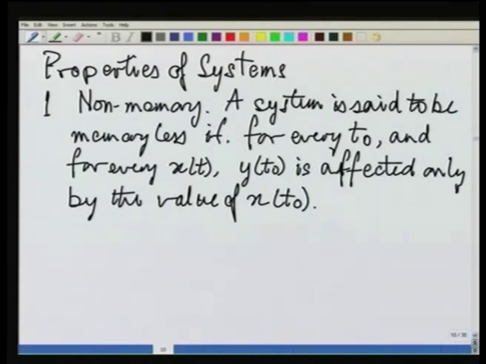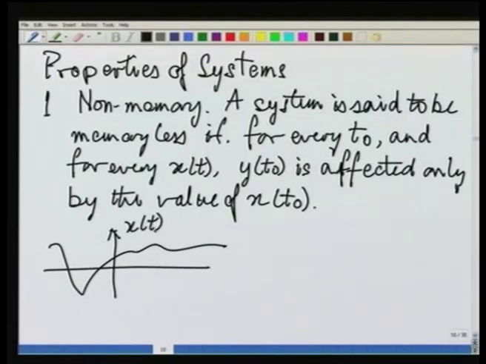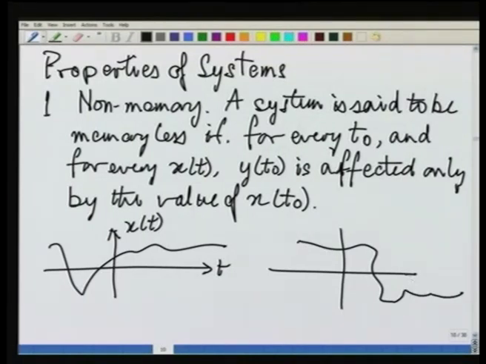This means that suppose we have a certain input signal which is x(t), and the corresponding output signal y(t).